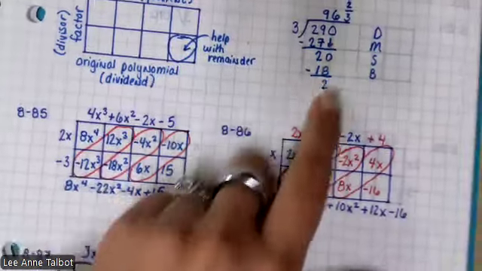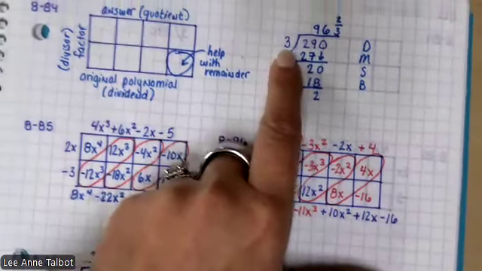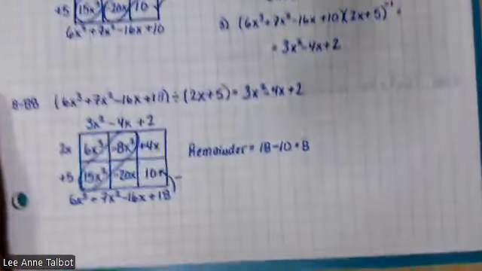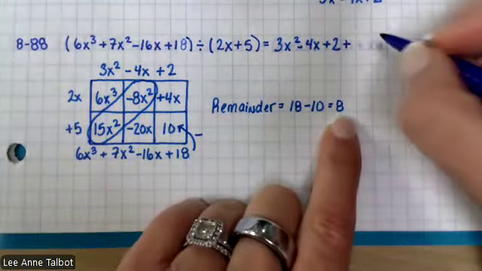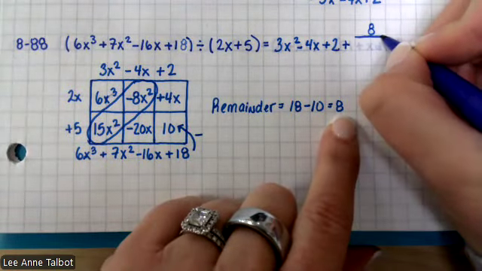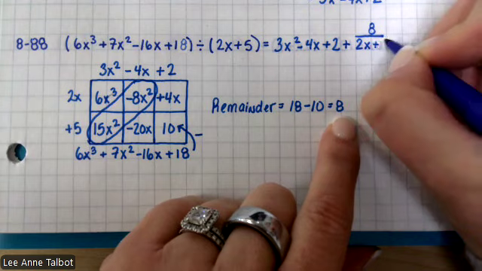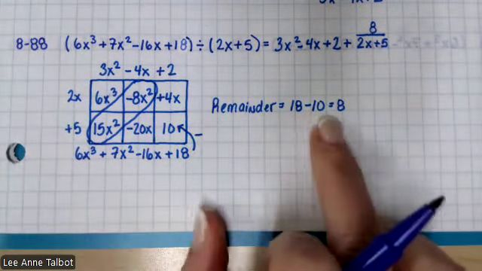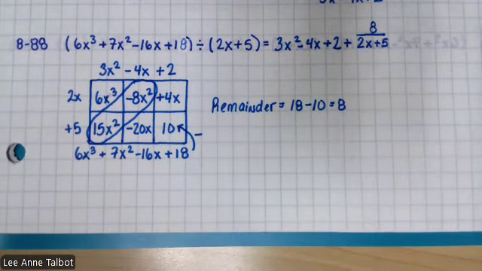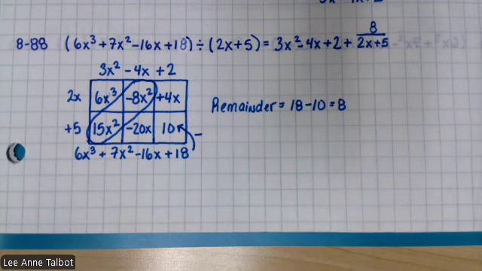And remember up here, we took the remainder and put it over the divisor. So we're going to go plus, because this is a positive number, 8 over 2x plus 5. So remainder over the divisor, just like long division. Unsatisfying. I like it when they come out evenly and I get to do my little check mark.